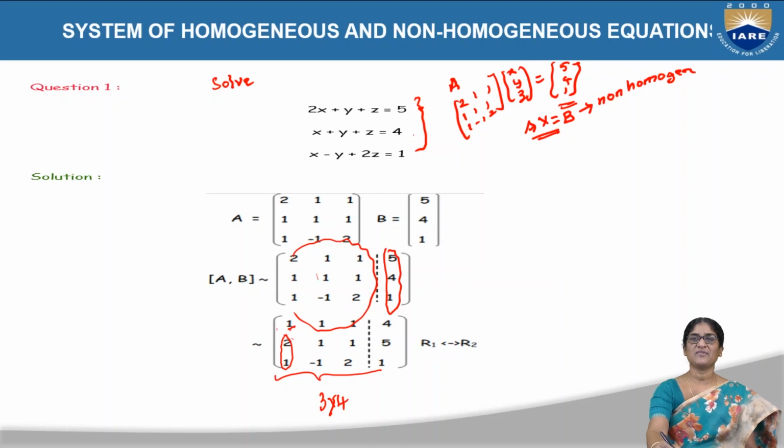Here I have swapped R1 and R2 so that the first row element is 1 and the operations become very easy. So in the first row, first element we have 1. Let us convert the second row first element and third row first element to 0.